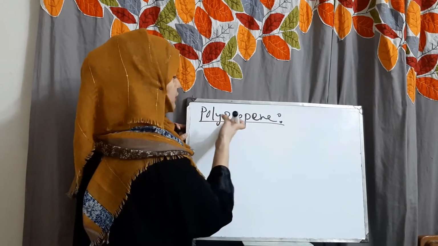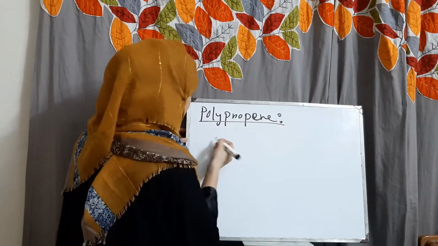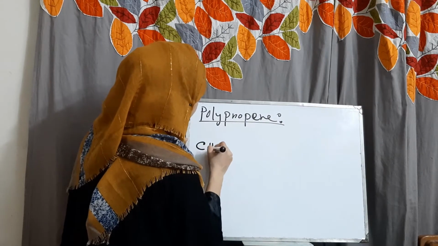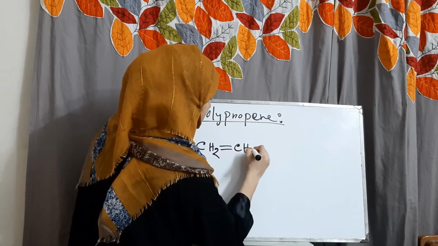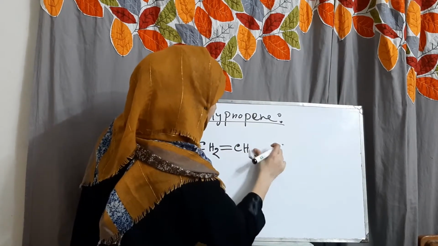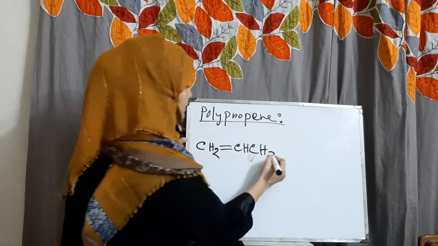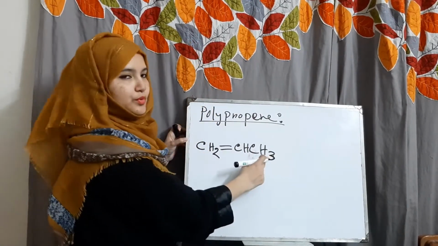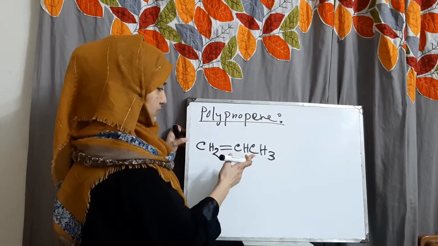For polypropylene, the monomer will be propene. But we know propene has 3 carbons in its chain. That's why it's propene. Okay. This is propene. Propene has one carbon-carbon double bond.